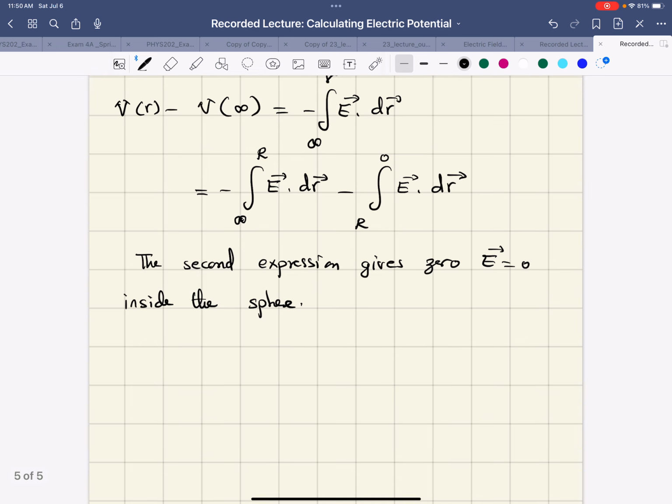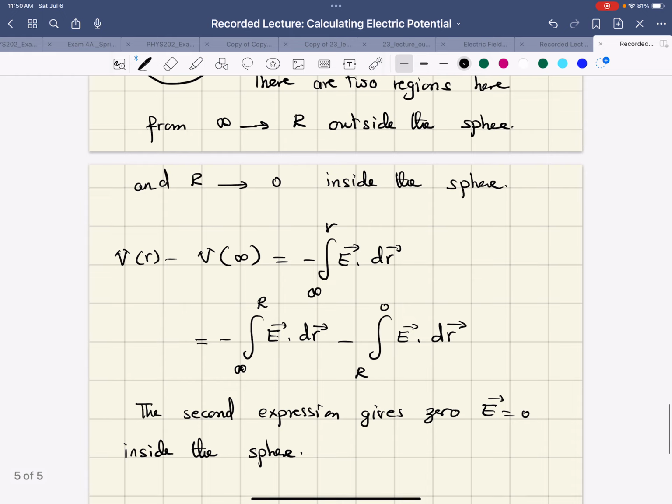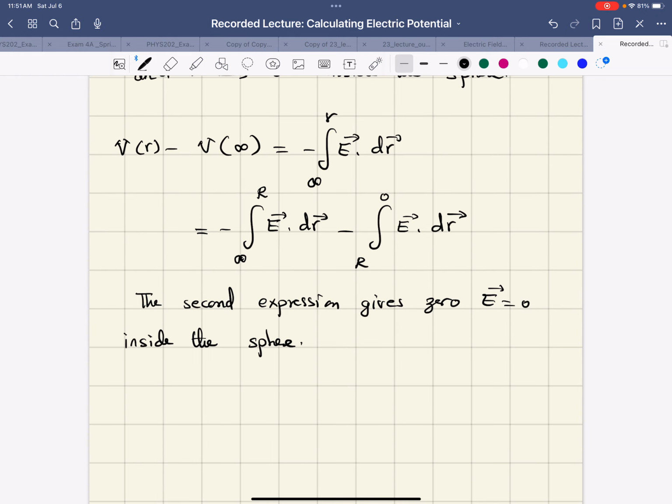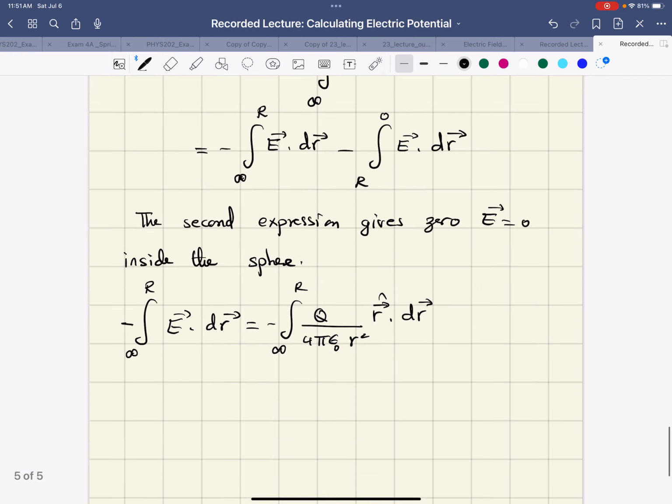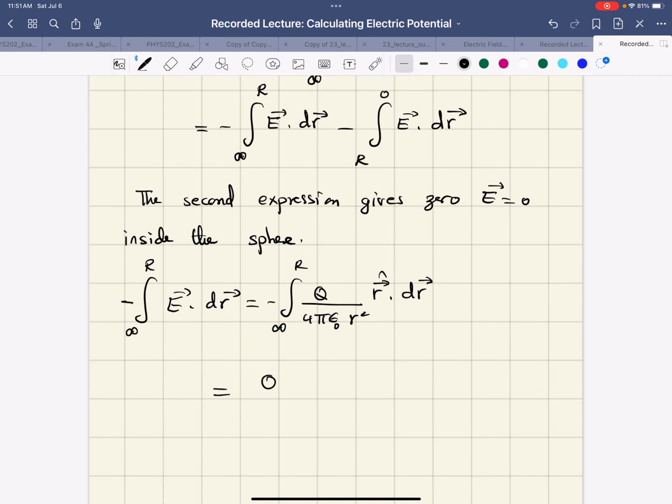Therefore I am left with the first term, from infinity to R of E dot dr. I use the expression very similar to my first step, with the R unit vector dr, and finally Q over 4 pi epsilon 0 from infinity to R of 1 over r.